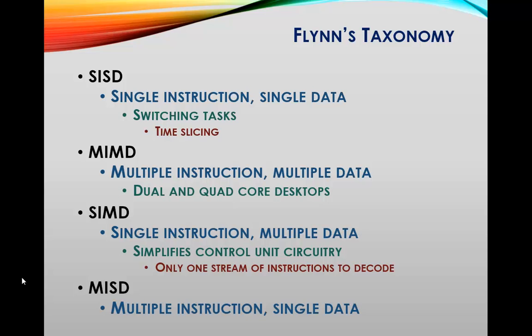MIMD systems you can see a lot in dual or quad core machines, and they're going to become on the CPU level more and more mainstream. They have a pool of threads and processes and a bunch of CPU cores that the operating system will allocate from this thread pool to n CPU cores, n being the number of cores that you have that can be independently run at the hardware level.